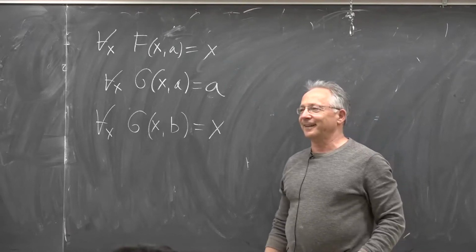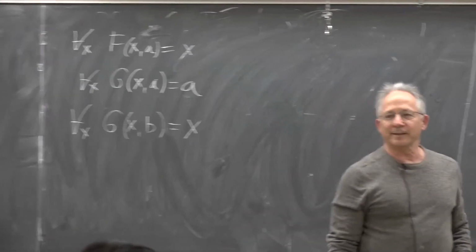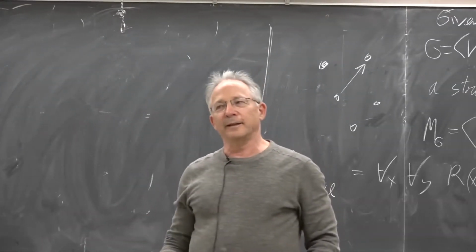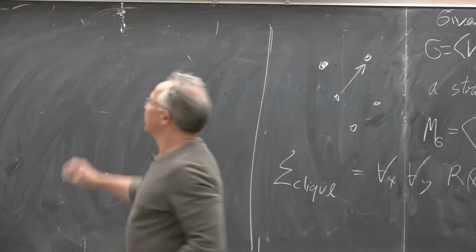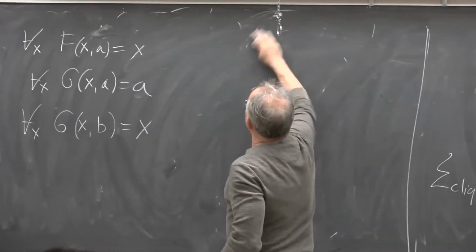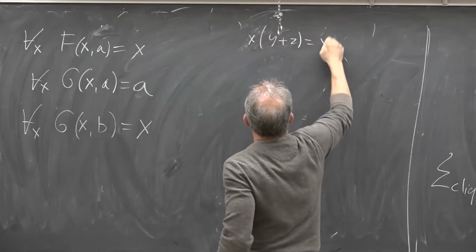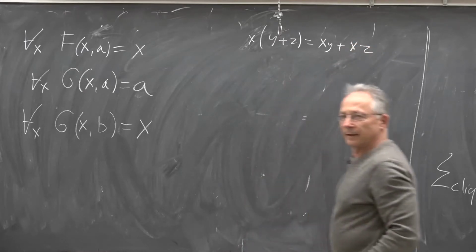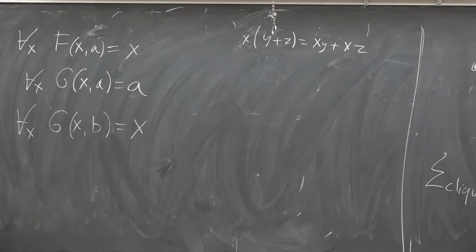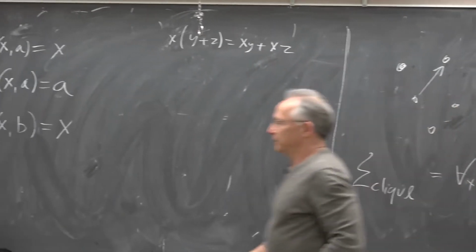So last, toying with this example, can you give me the distributive rule? How will I write x times (y plus z) equals xy plus xz? How will I write this, the distributive rule? Yes. For all x, for all y, for all z. Right.